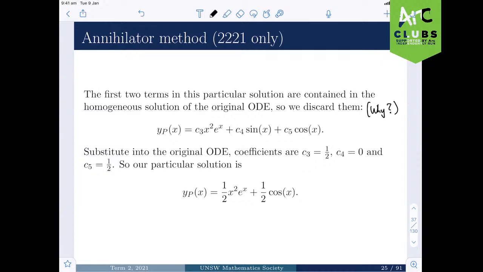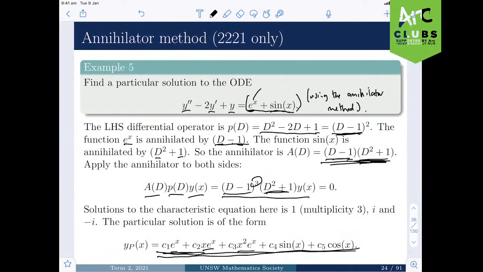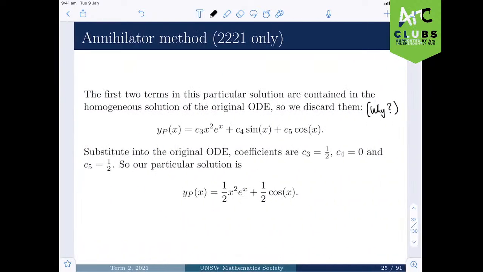Now the first two terms in this particular solution are contained in the homogeneous solution of the original differential equation, so we discard them. Notice the first two, e to the x and x e to the x, are actually part of the homogeneous solution space of this homogeneous equation. Now, why do we discard them though?